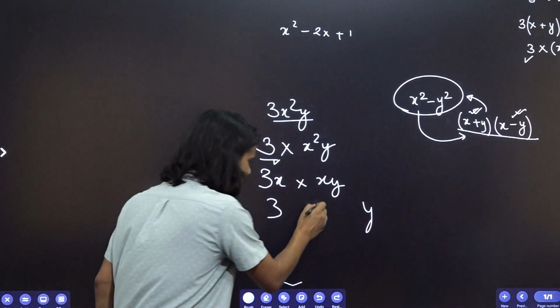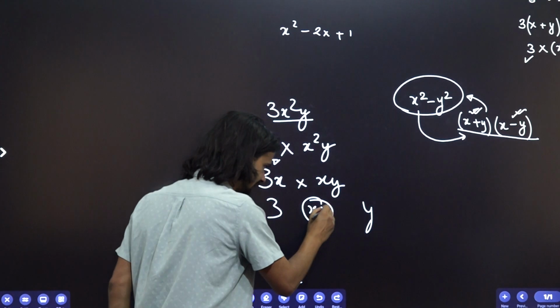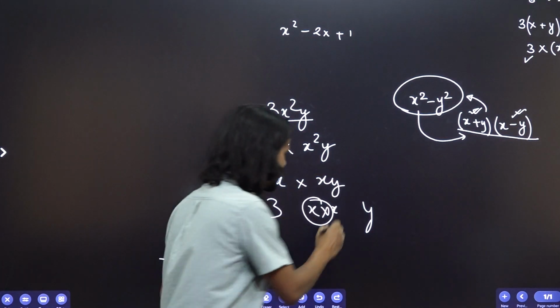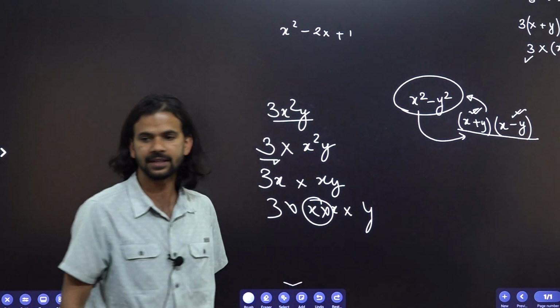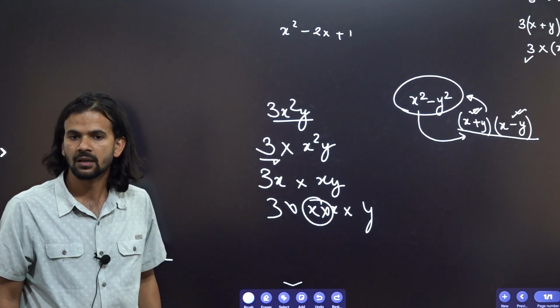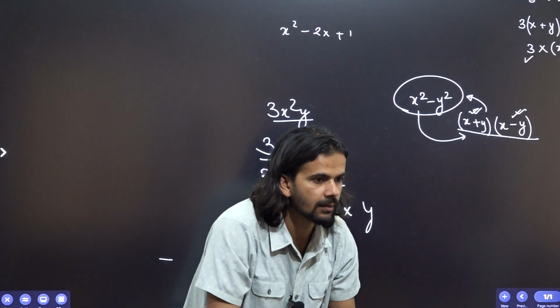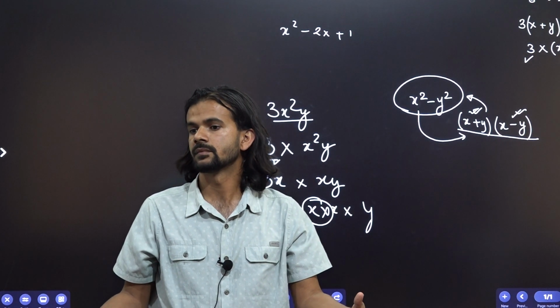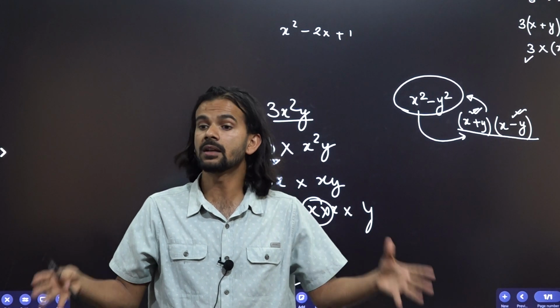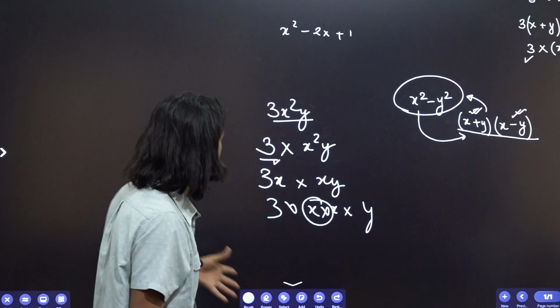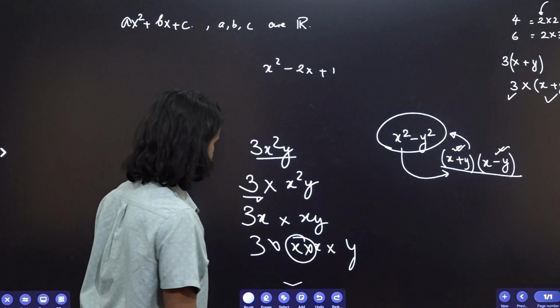You multiply x two times, and then you multiply that with y and with 3, you will get 3x square y. So you can have multiple factors. All right.